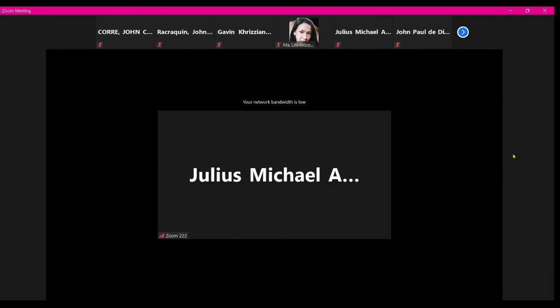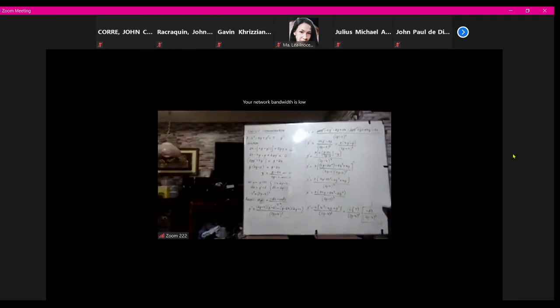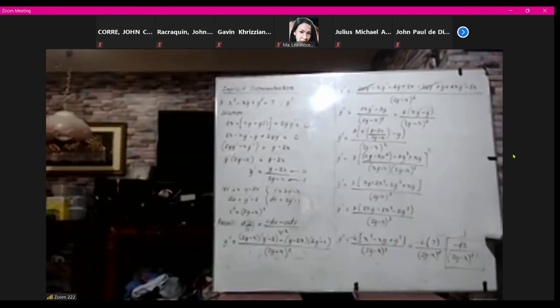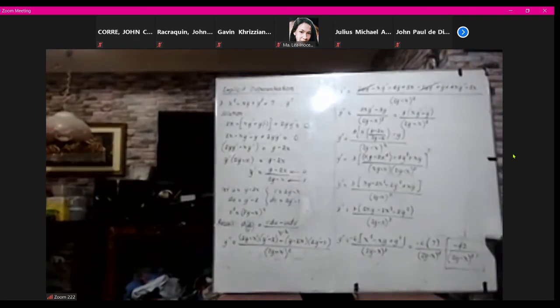Ang exercise number 4. Sino to? Exercise number 4. Okay, tingnan muna natin sa screen. Hindi ko alam kung deceit ano to. Wala palang deceit dito. Okay, sandali.